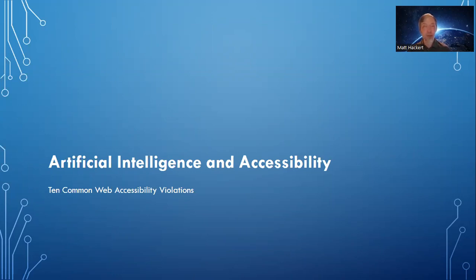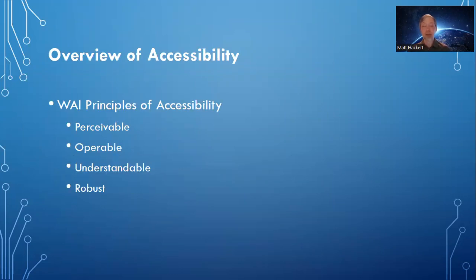So next, let's go ahead and we'll give a quick overview of accessibility and what accessibility is. I want to go over the 4 main principles of accessibility as they're set out in the Web Accessibility Initiative. And those are perceivable, operable, understandable, and robust.